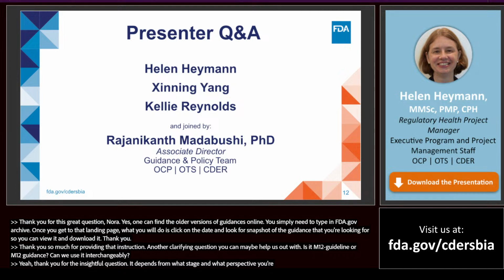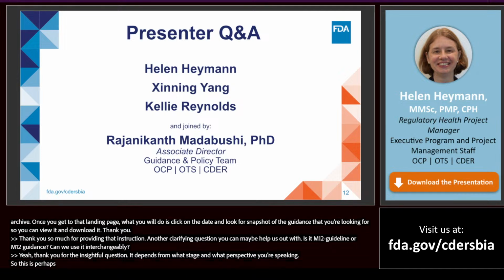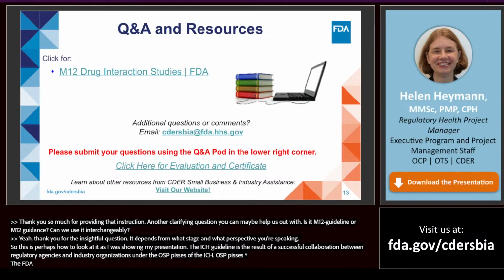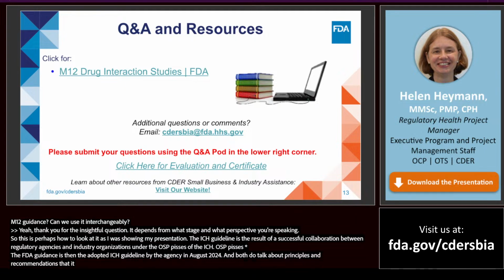As I was showing in my presentation, the ICH guideline is the result of a successful collaboration between regulatory agencies and industry organizations under the auspices of the ICH. The FDA guidance is then the ICH guideline as adopted by the agency in August 2024. And both do talk about principles and recommendations that it intends to follow. Thank you.